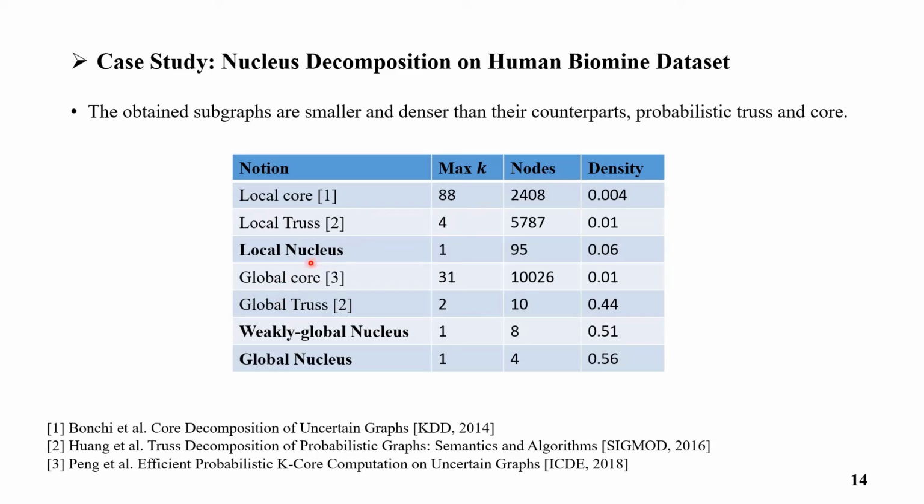As can be seen, local nucleus is denser and also smaller than local core and truss as well as global core. Also, our weakly global and global nucleus subgraphs are smaller and denser than global truss as well.